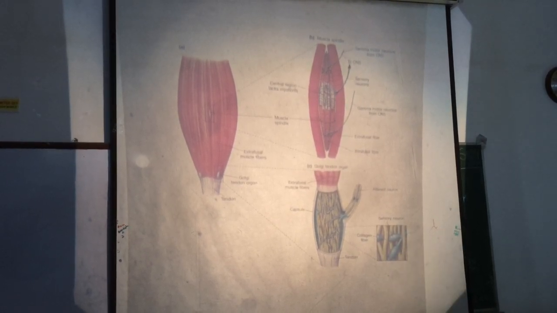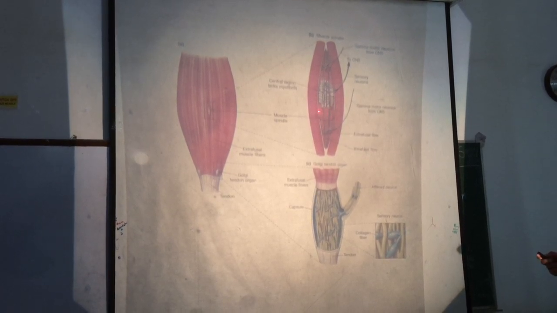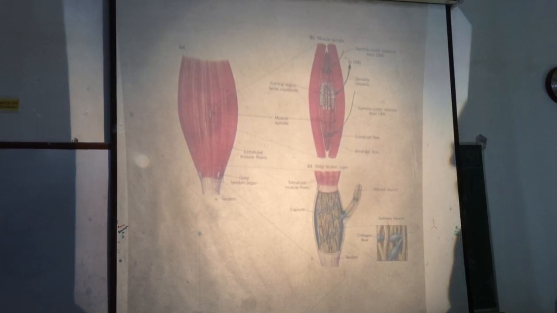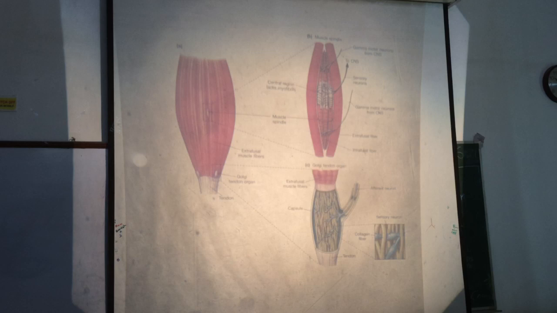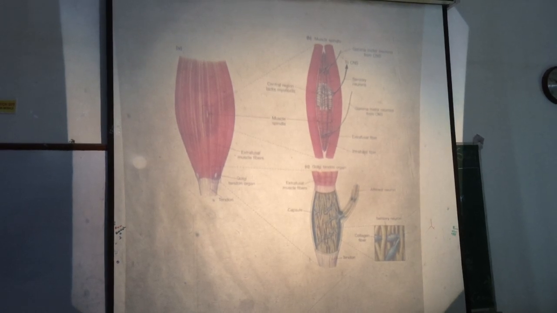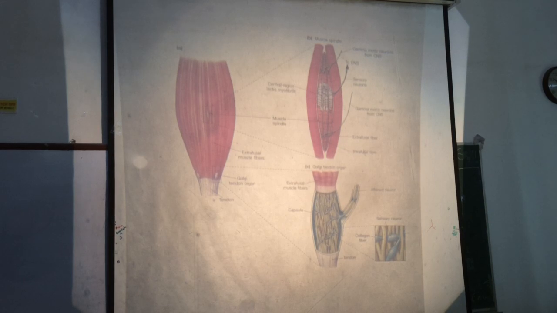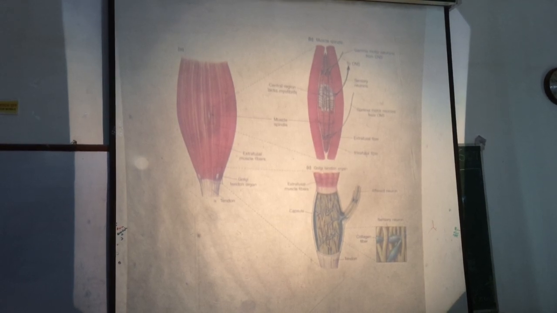Inside each muscle spindle, there are 4 to 12 intrafusal fibers.